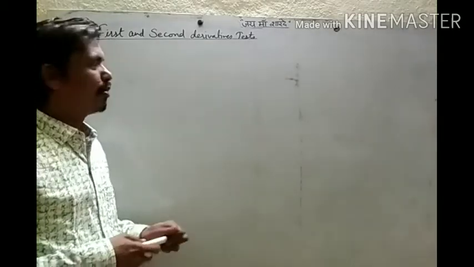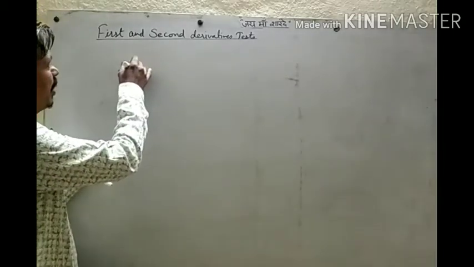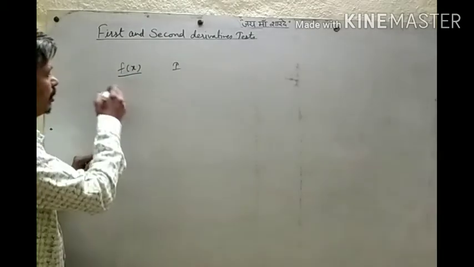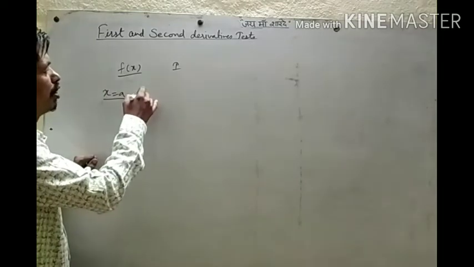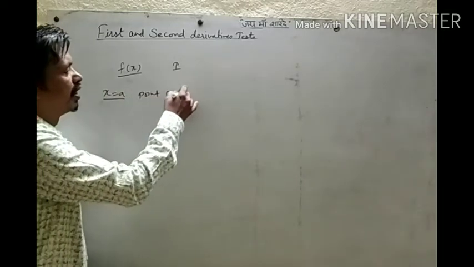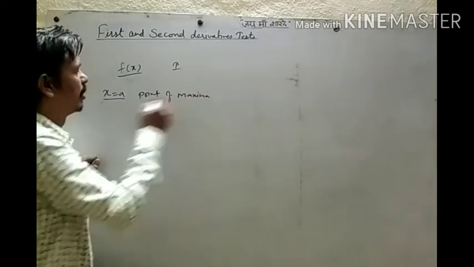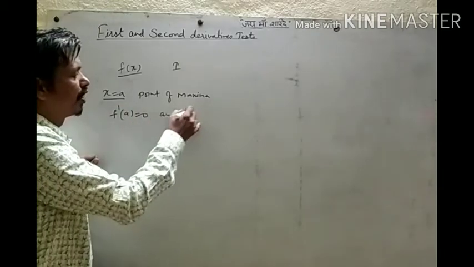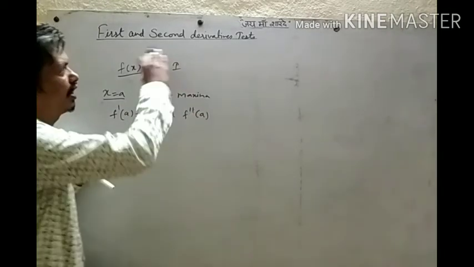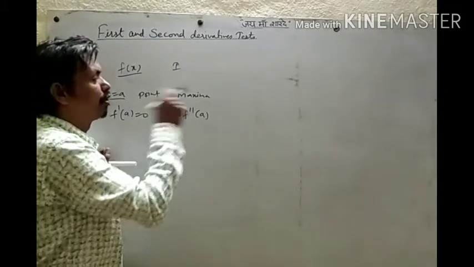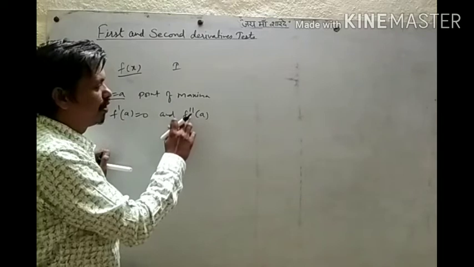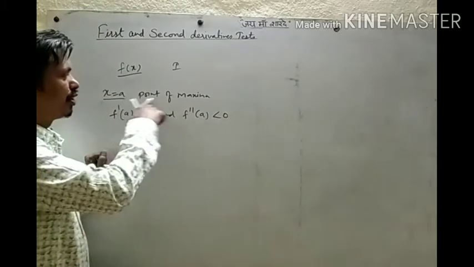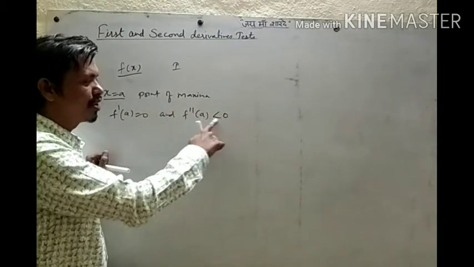But here in the second derivative test, f of x is any differentiable function in the interval I, then x equal to a is called a point of maxima if, first, f dash of a is 0, and second, the second derivative, and the name of this test is the second derivative test, meaning we need the second derivative also. So the value of the second derivative at x equal to a is negative.